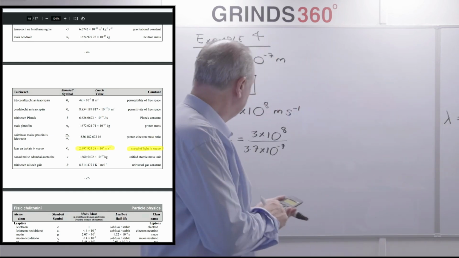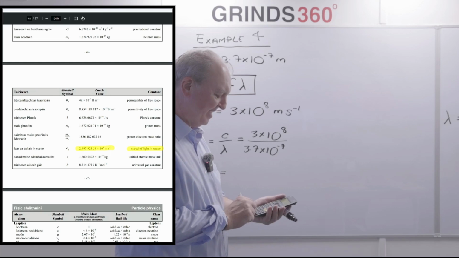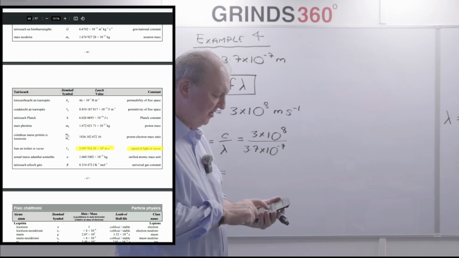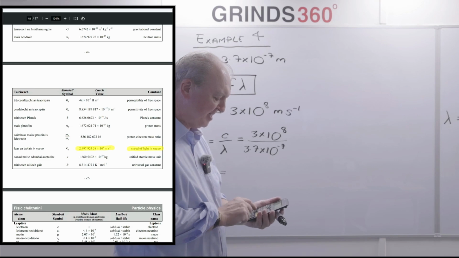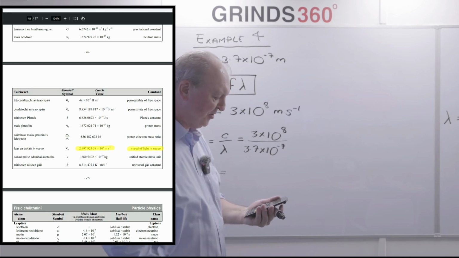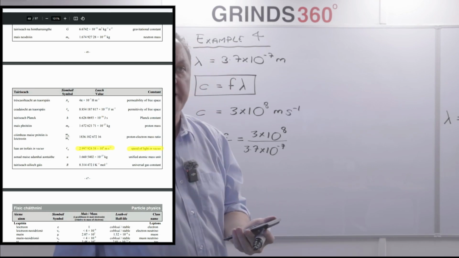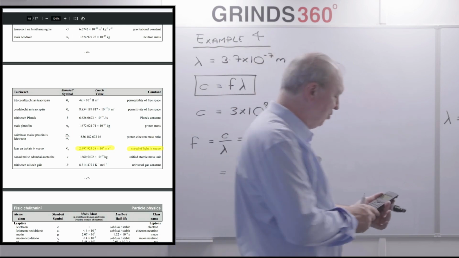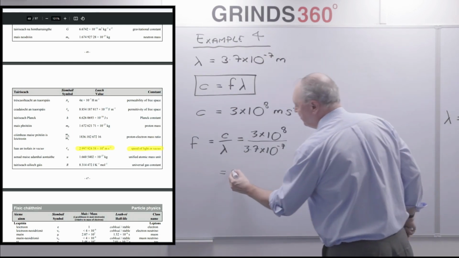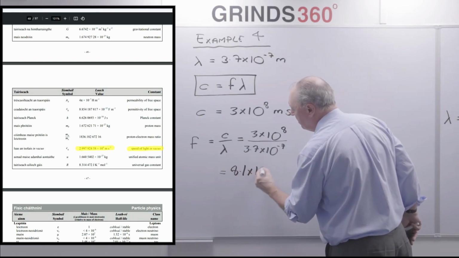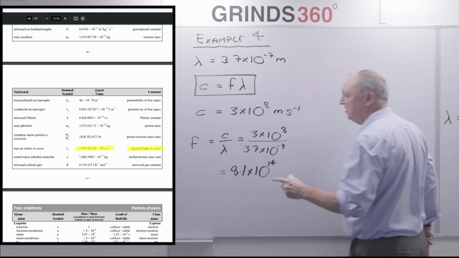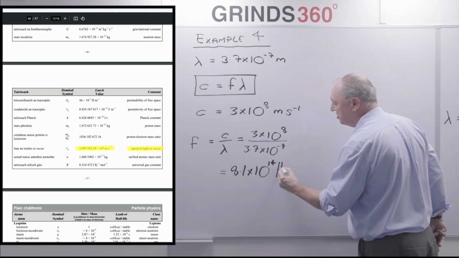Fraction button. 3 by 10 to the power of x, 8, divided by 3.7 by 10 to the power of x minus 7. And that is equal to, 1 decimal place is fine, 8.1 by 10 to the power of 14. And of course, the units of frequency are hertz.